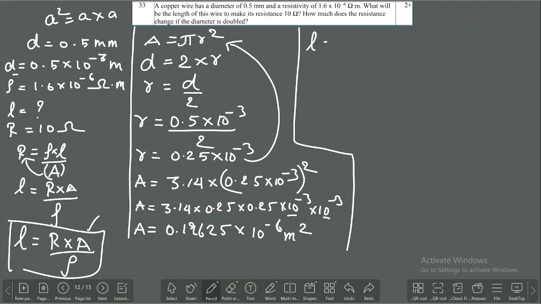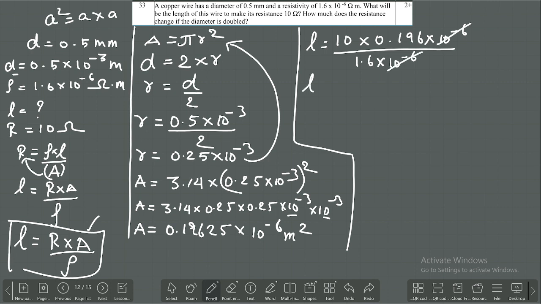So L is equal to R. What is the value of R? It is given 10. And what is the value of A? We calculated 0.196. We'll just take the first 3 digits alone, into 10 to the power of minus 6, the whole divided by, what is the value of rho? It is given 1.6 into 10 to the power of minus 6. Here minus 6 there, here minus 6 there, both will get cancelled.